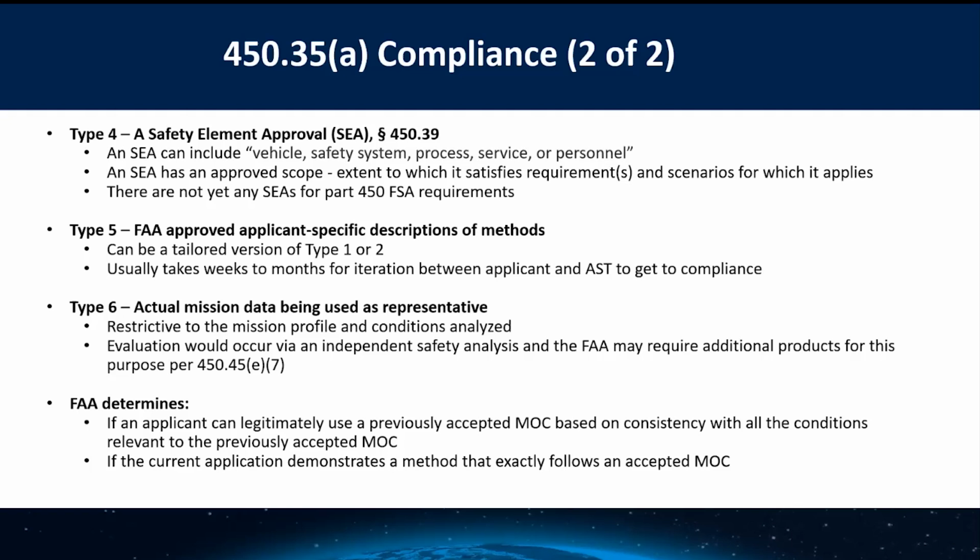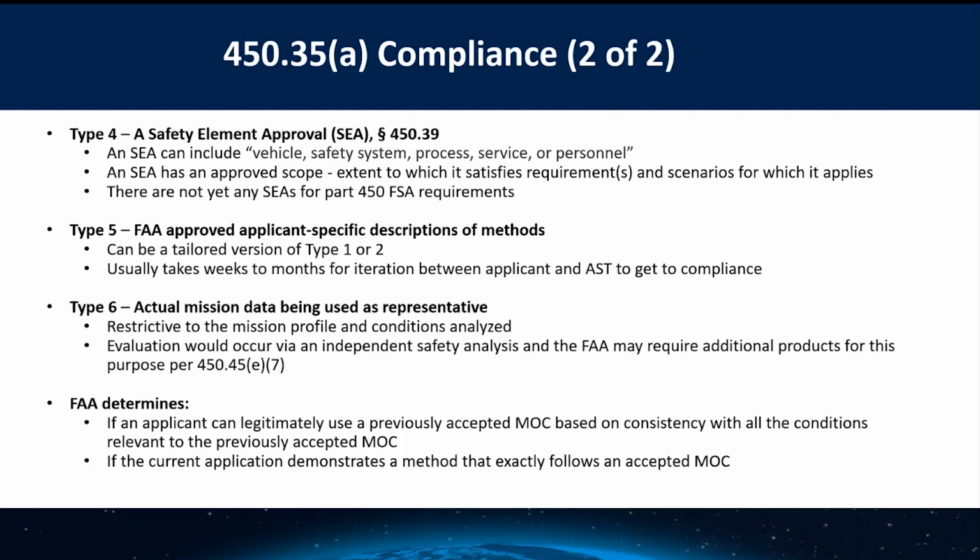And lastly, the last means of compliance is the applicant providing actual mission data as representative inputs into a flight safety analysis. The evaluation of this FSA happens via an independent analysis by the FAA.